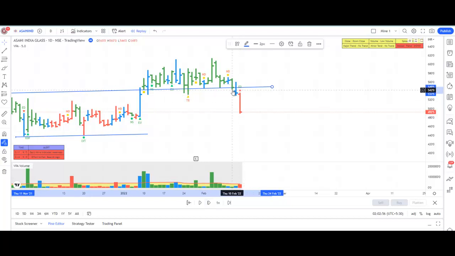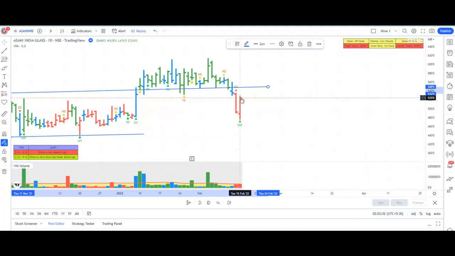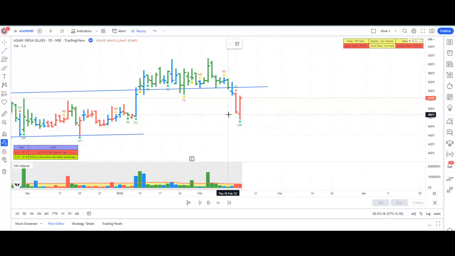Then it's a real push down here with an ED bar. This weakness of the ED bar is again being negated by this EDF bar, the effort to move down failed bar here. So again, let me draw a line here.